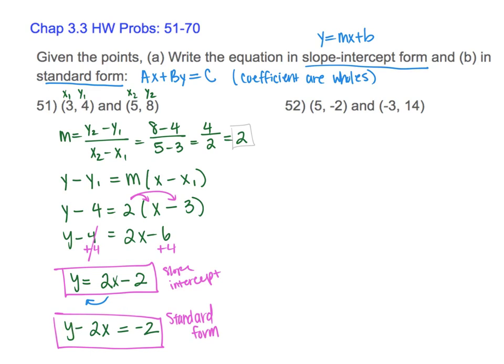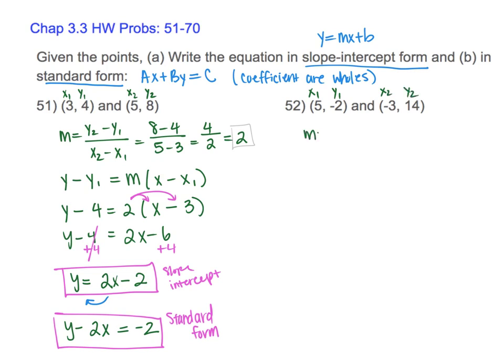So basically what we're going to do is get it into slope-intercept form, then move the x to the other side so we can have all the variables on one side. Okay, let's try it with this one here. So again, we want to get it in slope-intercept form first, so we have to start with the slope. So we're going to calculate the slope. So I'll make this my x1, my y1, my x2, my y2.